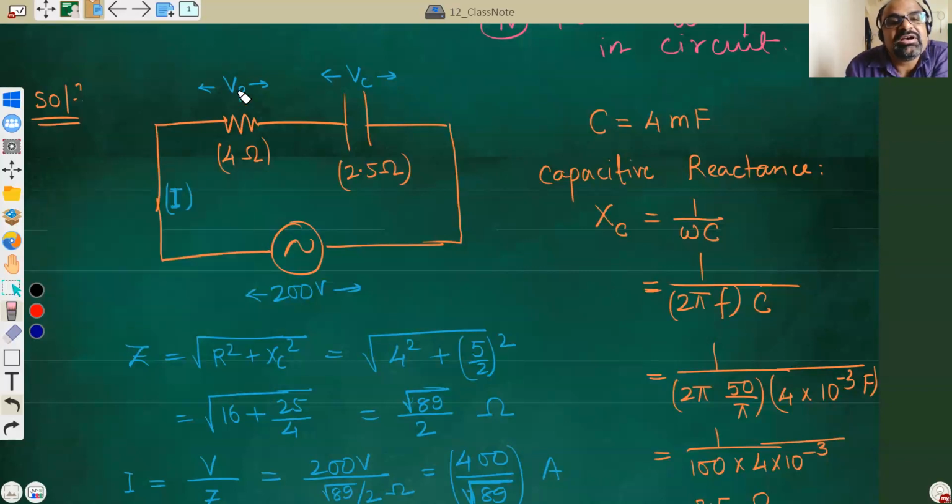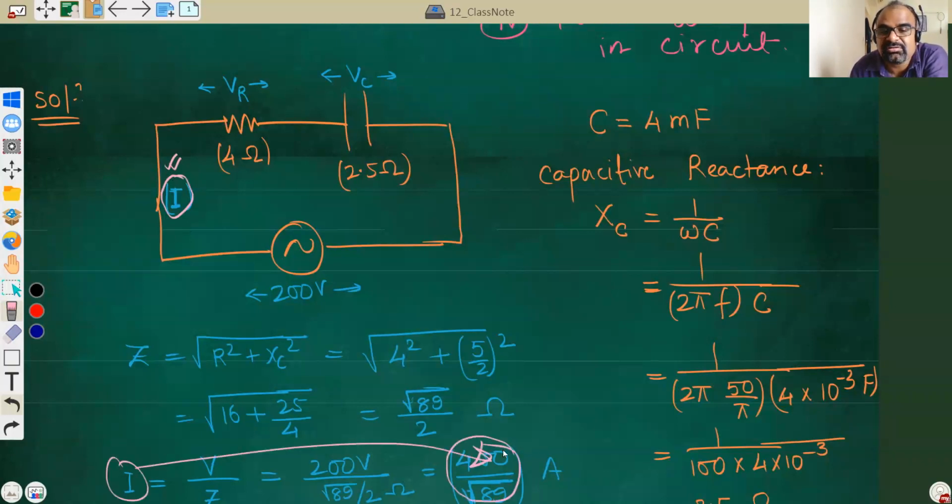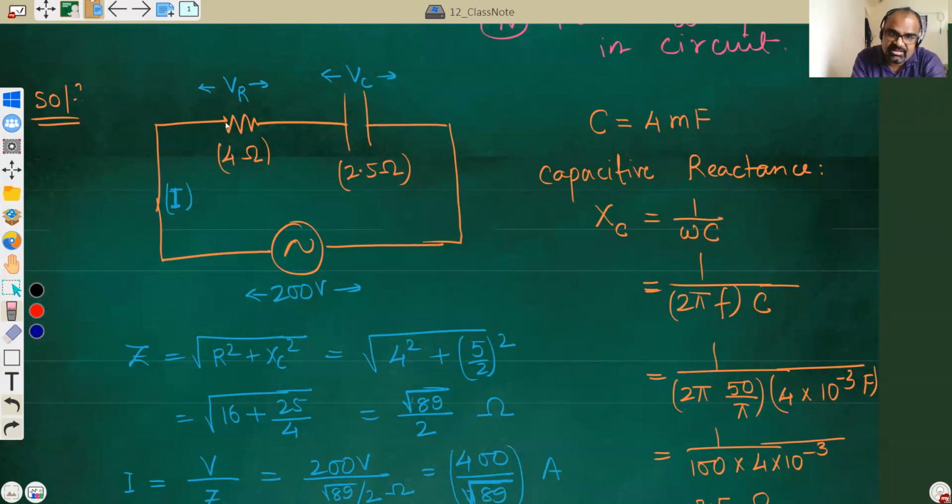Do we know the current now or not? Yes, sir, we know the current. See, this is the current. Well, if you know this current, then this voltage will be I into R. And what about this voltage?